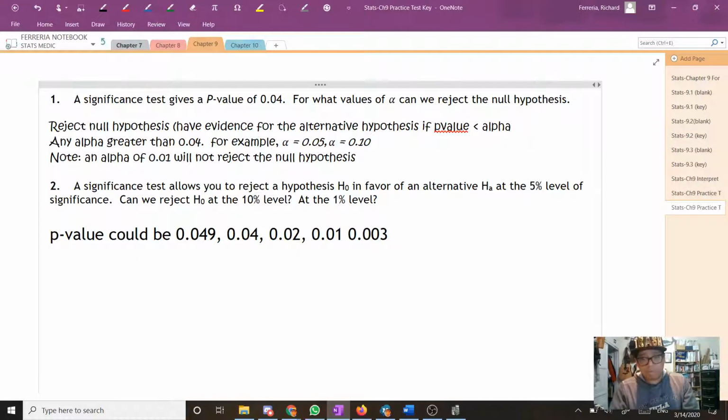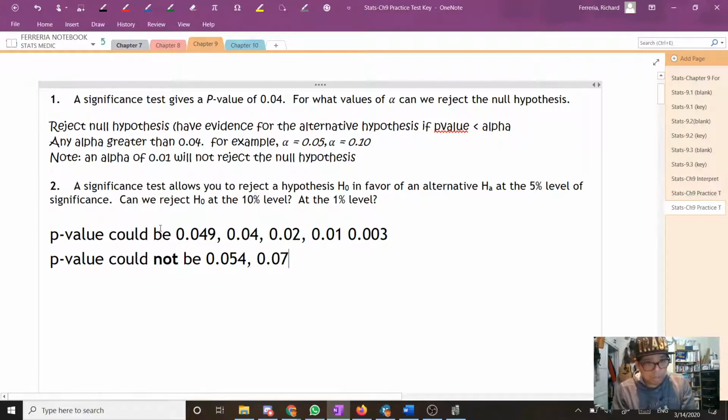But for example, the p-value could not be 0.054 or even 0.07. So let's take a look at what those have in common. Can we reject the null hypothesis at the 10% level?